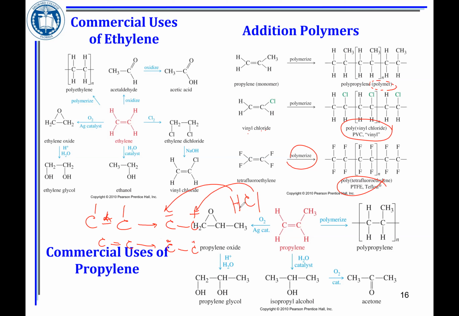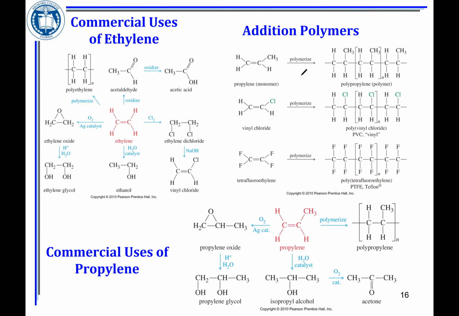And with this crowded slide, you get an idea that yes, there is a difference between alkene and alkane. Alkenes are more reactive than alkanes because alkene has a pi bond and the pi bond is weak. It's very easy to break the pi bond and add something to it, just like doing polymerization.